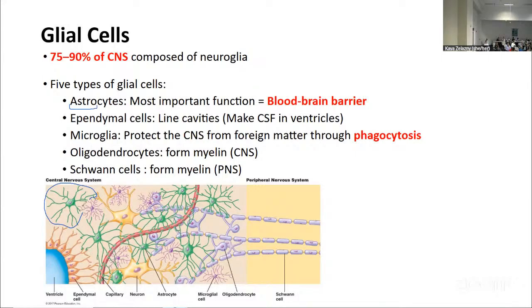So you can see here in this image how the astrocytes, one of the things they're doing, right, they're grabbing onto neurons, but they're also holding this capillary kind of closed, covering over any gap in it. So this is going to regulate what kinds of things can cross into your brain, actually into the tissue, right?